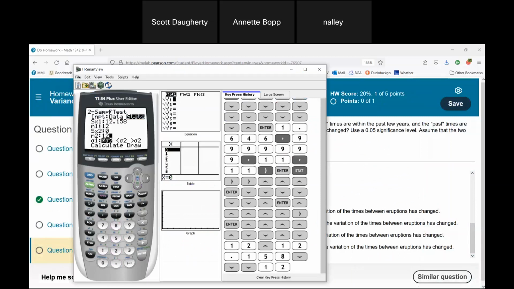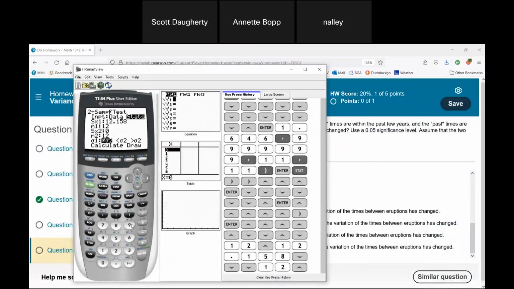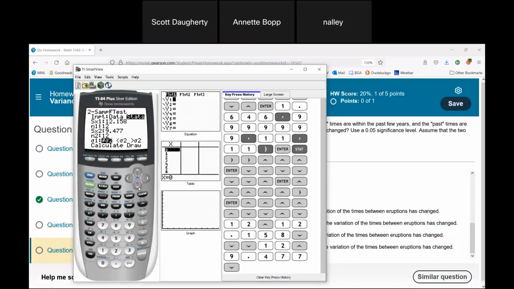N2 was also 12. And then S2 is 9.477. Again, that's rounded off, so it may not be as accurate. And then again, you'd select not equal to, because that's our alternative hypothesis, and then you would calculate it. And there's your F, your test statistic, 1.64 or 1.65 if you round it off. There's your p-value, 0.421, 0.422 if you round it off. So you get the same result, okay?